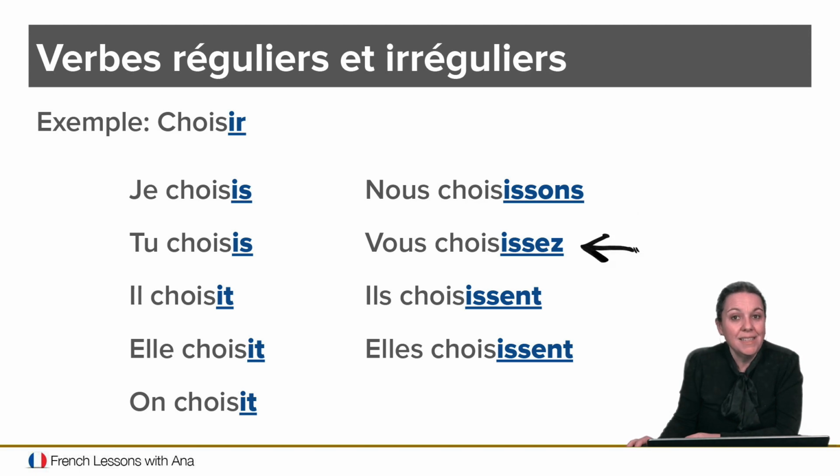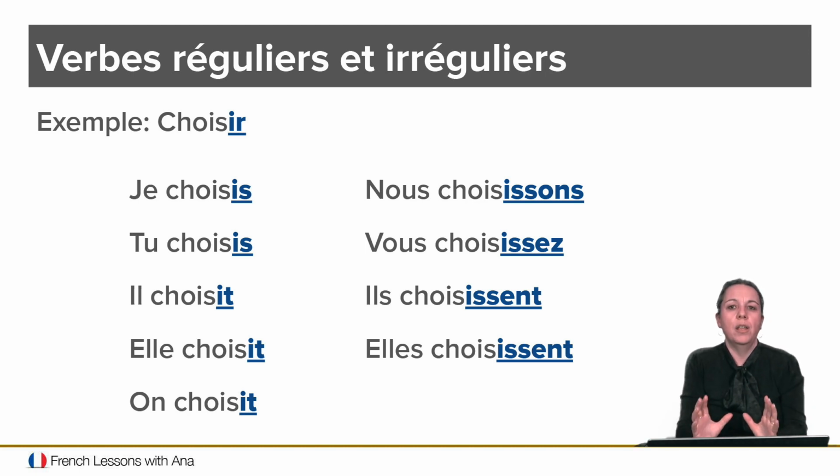Vous choisissez, ils choisissent, elles choisissent. Okay? So, even though, again, there's an IS over here, it's not an ending, you still need to add the IR endings. I choose, you choose, he chooses, she chooses, we choose, again, we choose, you plural or formal choose, they masculine choose, and they feminine choose.